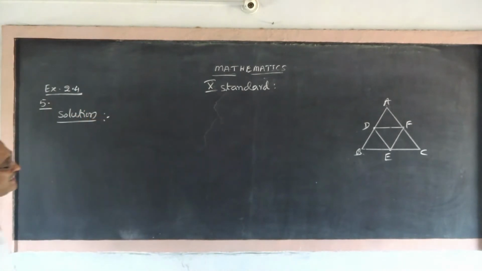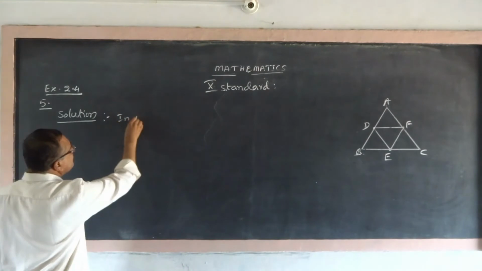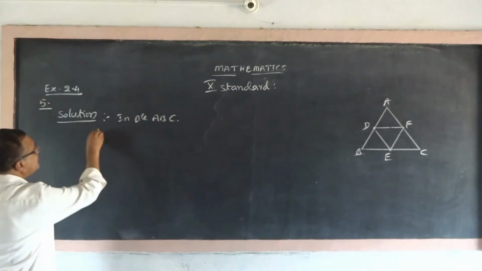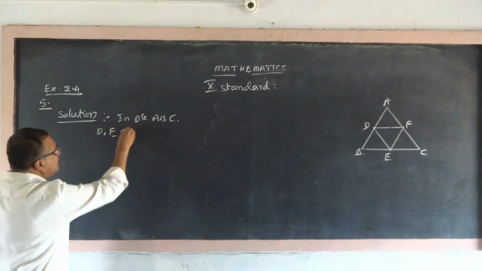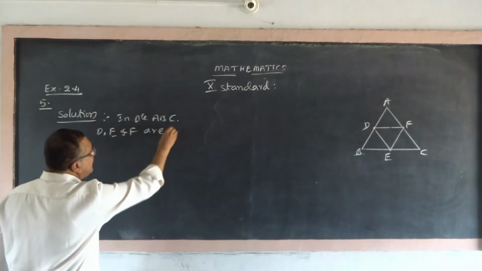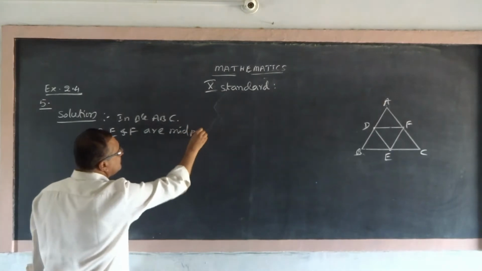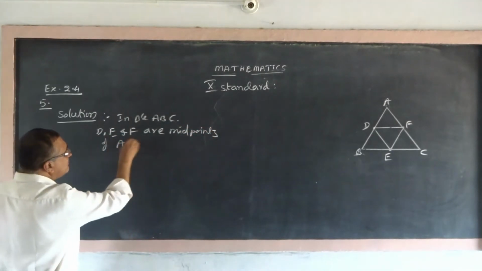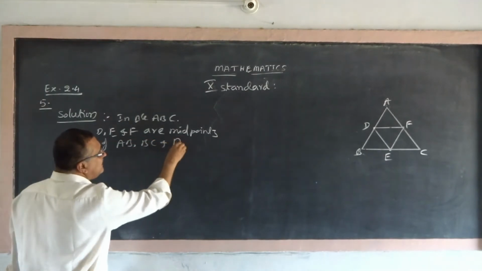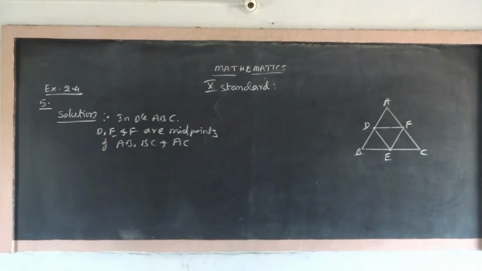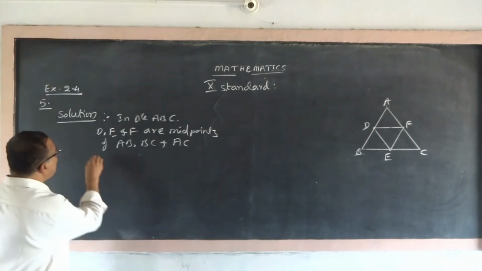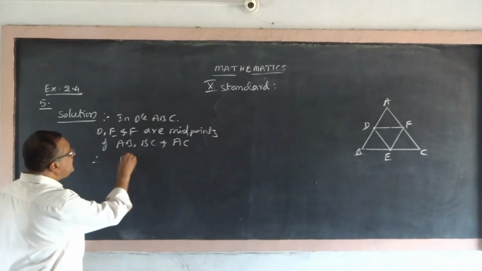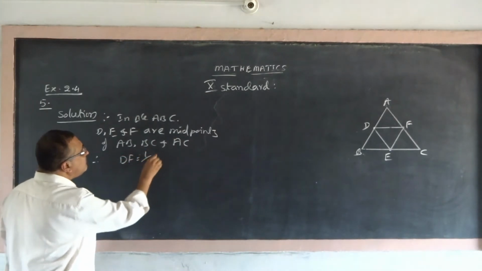So, in triangle ABC, D, E and F are midpoints of AB, BC and AC. Now if it is so, we can write DF is equal to half of BC.